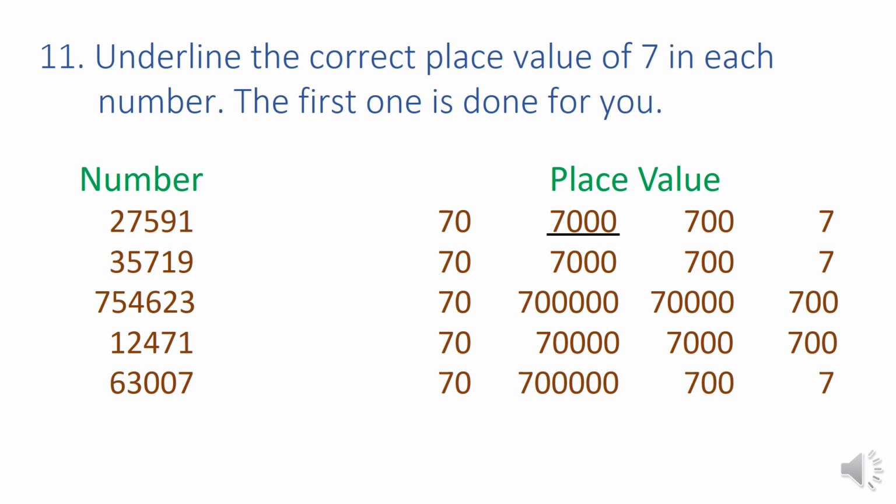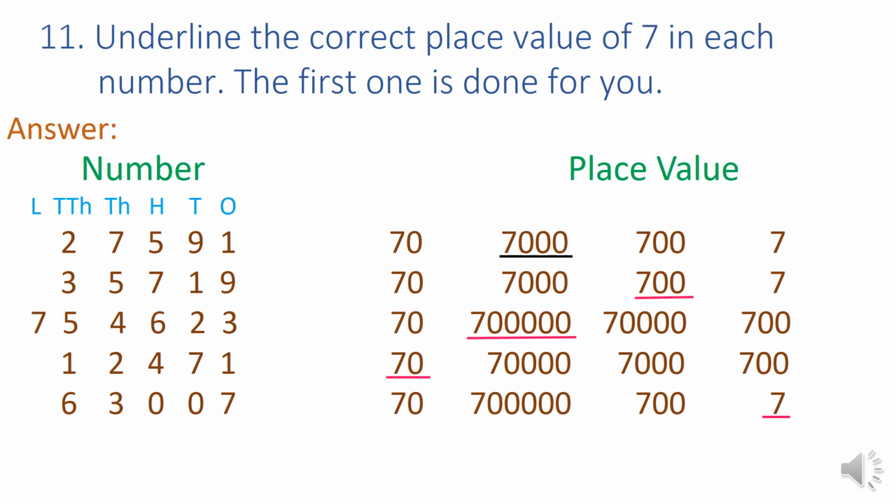Our 11th question is underline the correct place value of 7 in each number. The first one is done for you. Some numbers are given. Our question is underline the correct place value of 7.